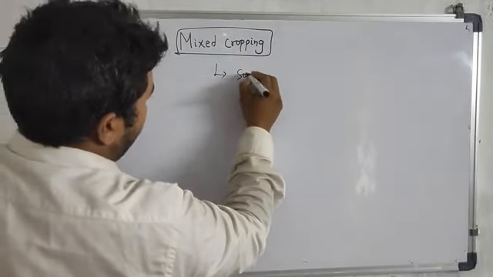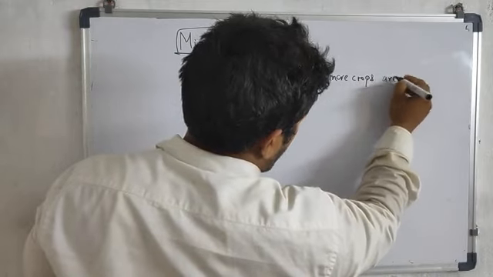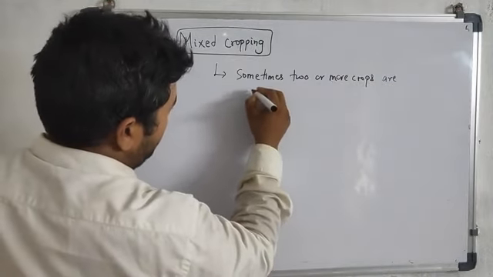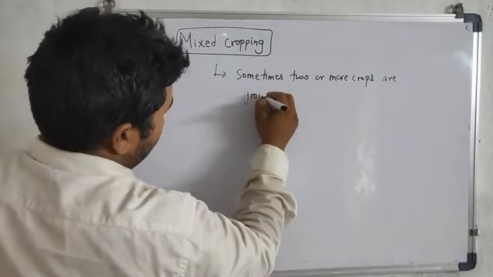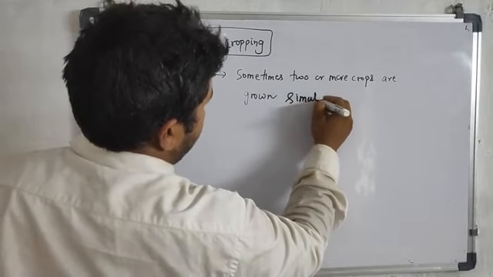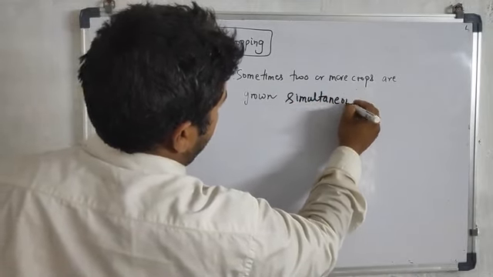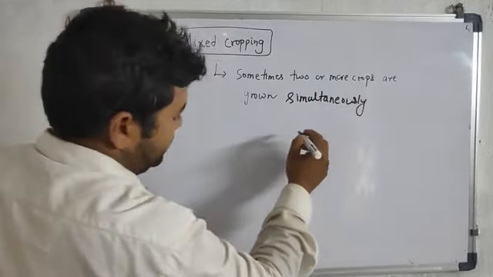Sometimes two or more crops are grown simultaneously together.